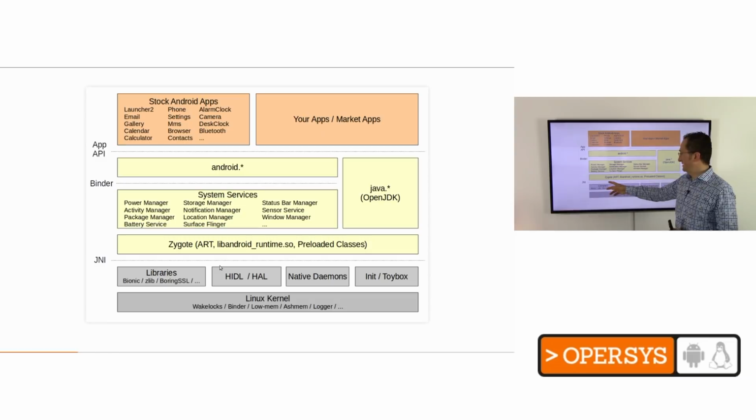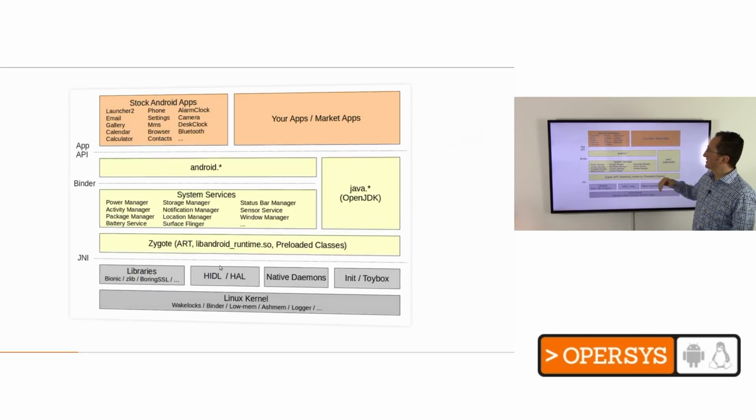You've got some native user space components, on top of which you've got a Java layer. The most important thing up here being the system services, and then on top of that you have the actual applications which are running on top of all that. So every piece of this puzzle has got some security related to it, of various complexities. Some things are more complicated than others.